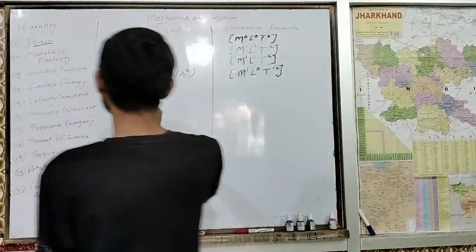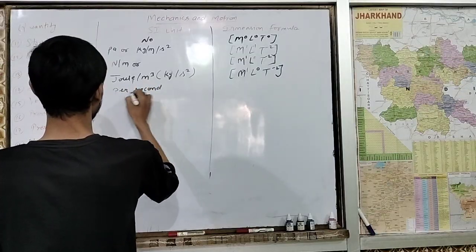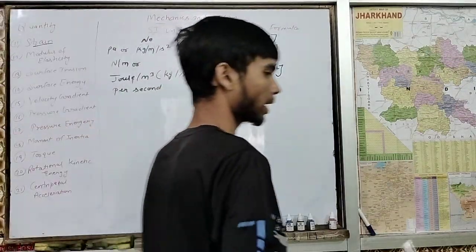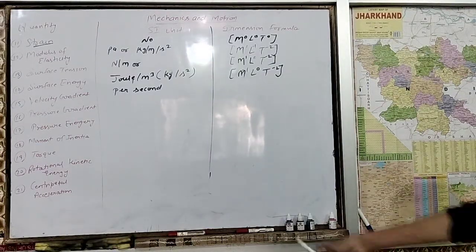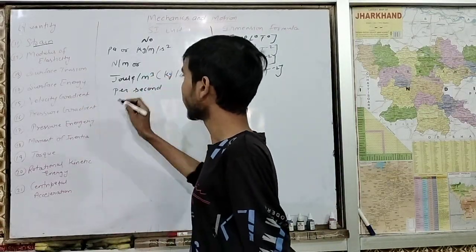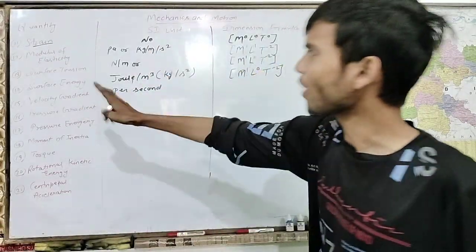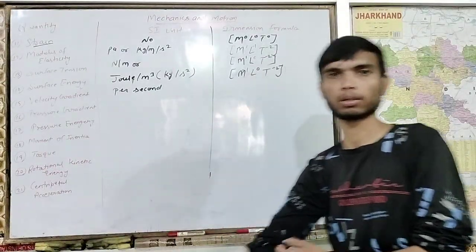Remember, the unit of velocity gradient is per second, which means it is in the denominator.